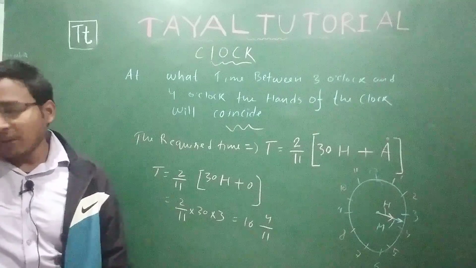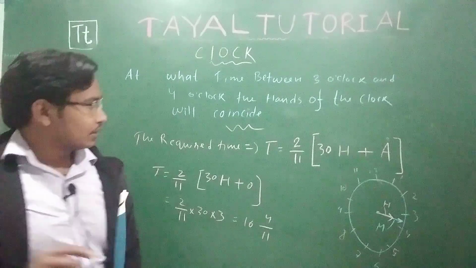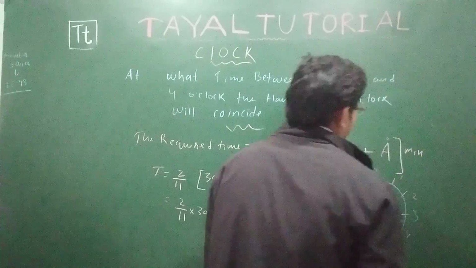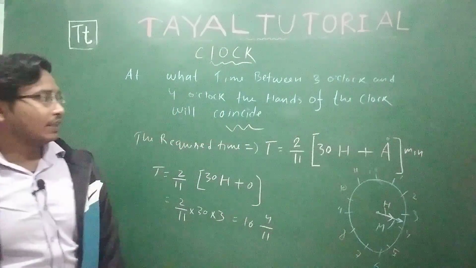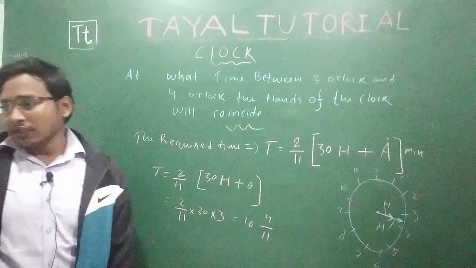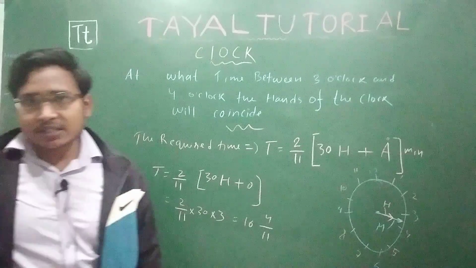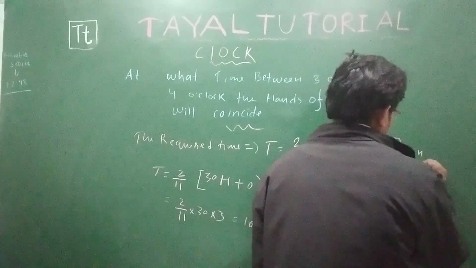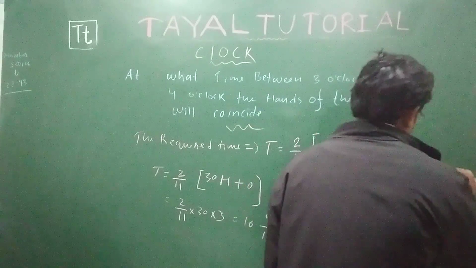This is minutes past the hour: 2 by 11 into (30h plus A) minutes past hour. This is the formula.